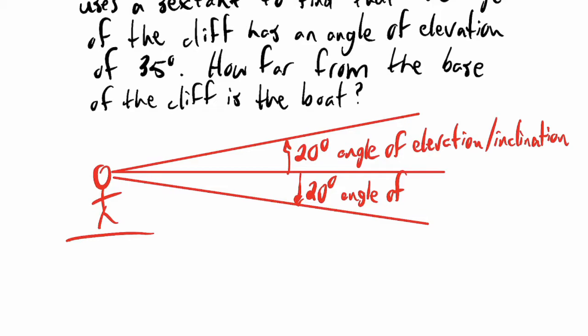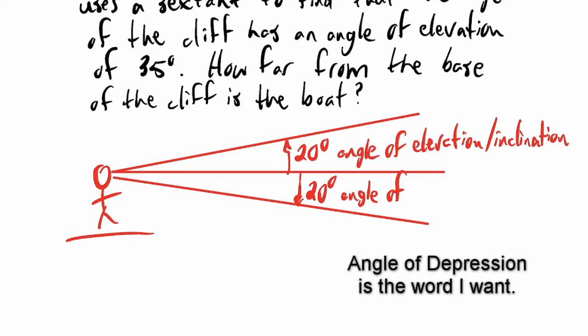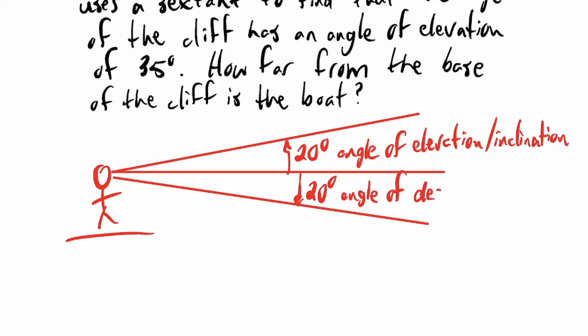I'm trying to think what would be the opposite of elevate. So I'm just going to go with declination for now, whatever word means down. Maybe I'll think of it before the video's over. What's the opposite of an elevator, right? Anyway, so that's what that means.